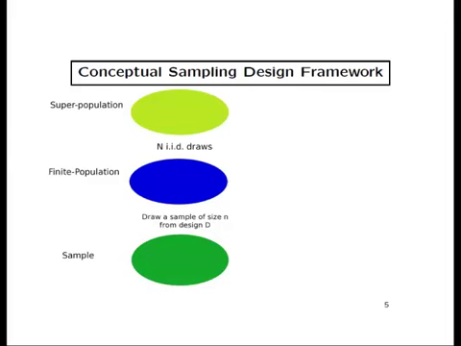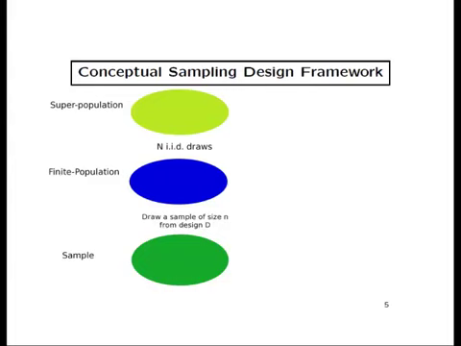So we think about an underlying population from which the finite population of interest in purple here is actually drawn. The idea is we conceptualize the population of interest, the finite population, as being a random draw from a superpopulation model, and indeed we draw n individuals from the superpopulation, IID, and they form the finite population of interest.